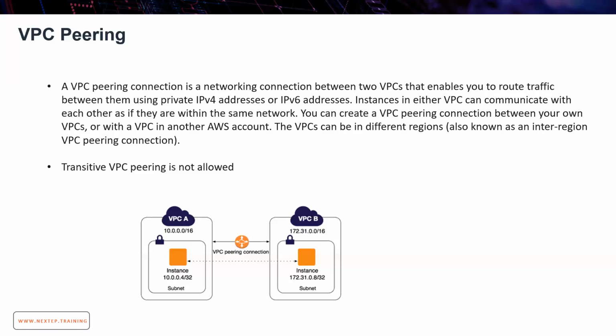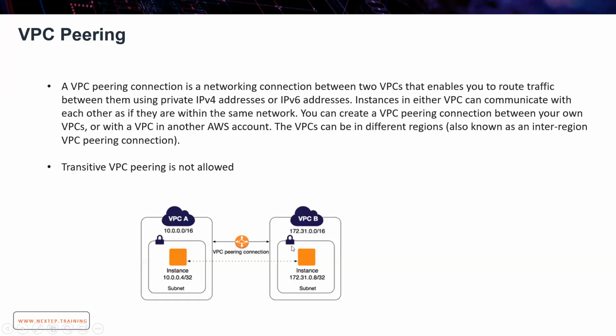And the most important point here is this line here. Transitive VPC peering is not allowed. Understand that, please, going into the exam. Meaning, VPC A has peering to VPC B. Let's say VPC B has peering to VPC C. Then it may be tempting to think that transitively A will have a peering to C. Nope, you will not.